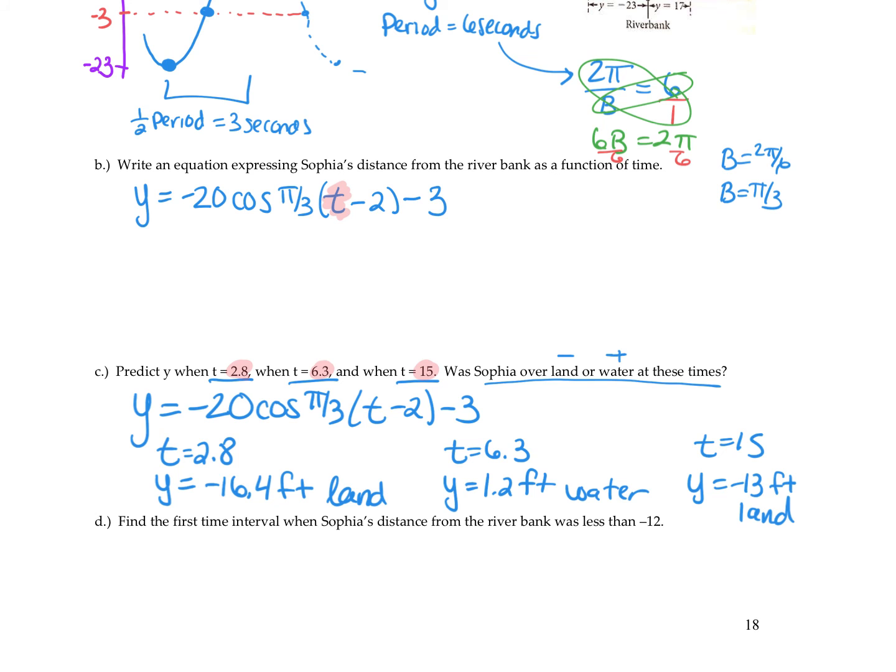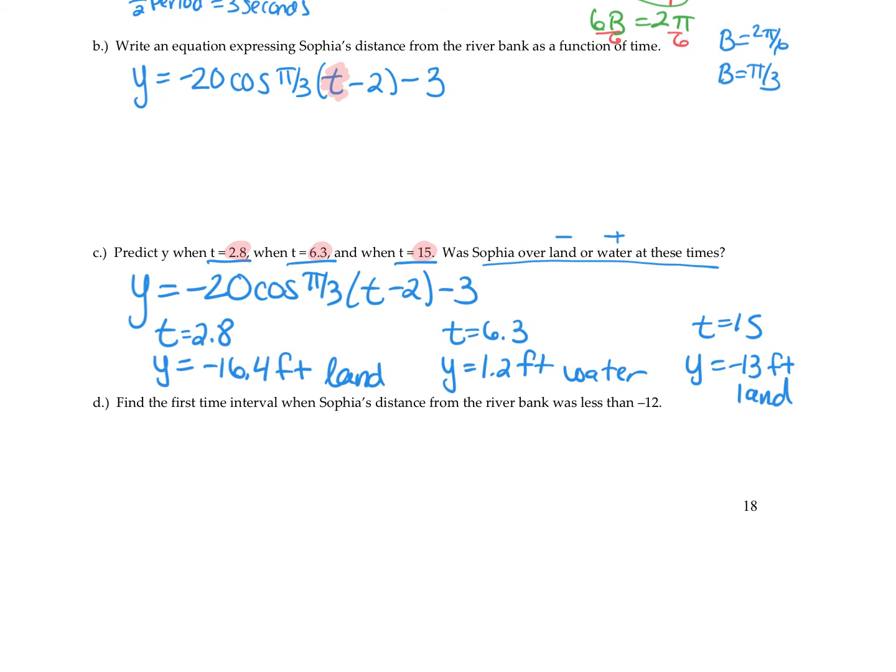Now in part D, we are going to need our graphing calculator. We need to plug the equation into our graphing calculator, and we want to be really careful about how we enter it, because when we type the cosine, it automatically includes a parenthesis. So we want to make sure we add another set of parentheses on the inside.